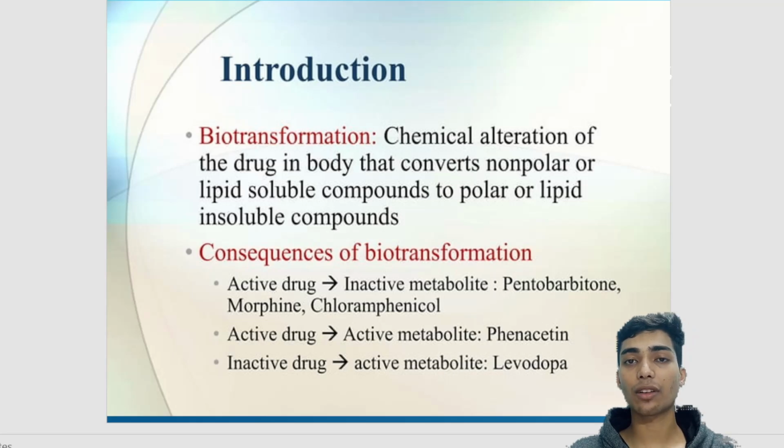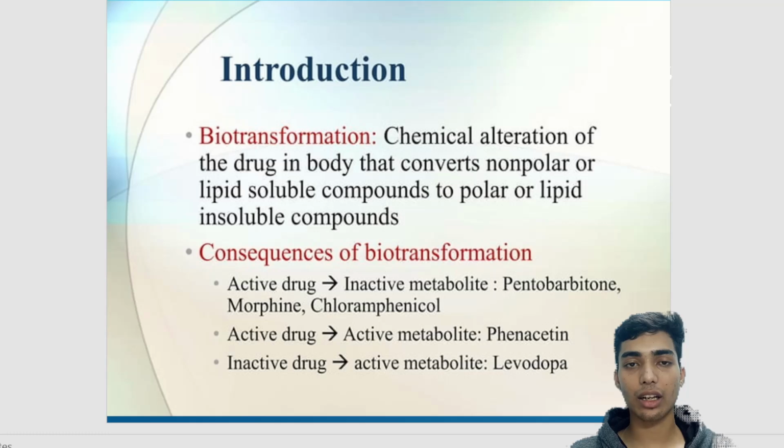After biotransformation or metabolism occurs, it can result in three types of outcomes. First is inactivation, or termination of drug action. This occurs in the case of ibuprofen, where ibuprofen is an active drug, and after being taken inside the body and metabolized, it gets converted to an inactive form, which causes termination of its action.